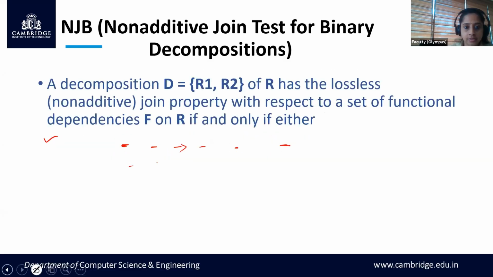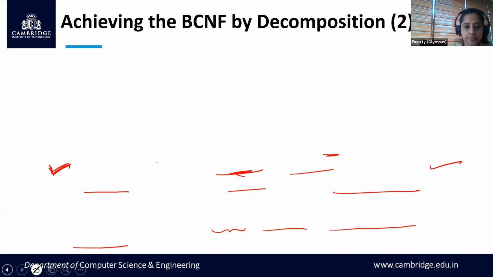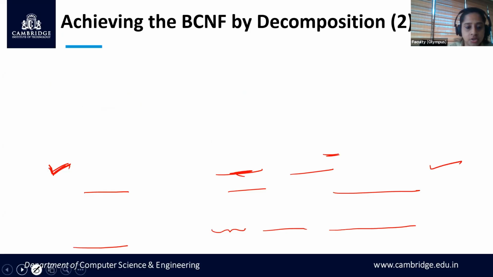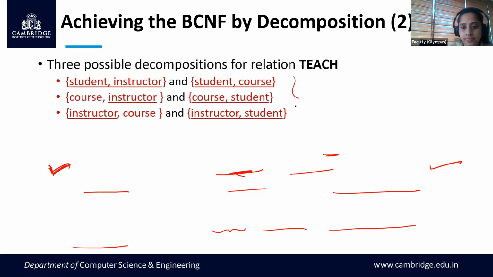Okay, we'll go back to the example here. See, this is my FD: student course determines instructor, instructor determines course, right? This is the decomposition I have done. What is my FD?